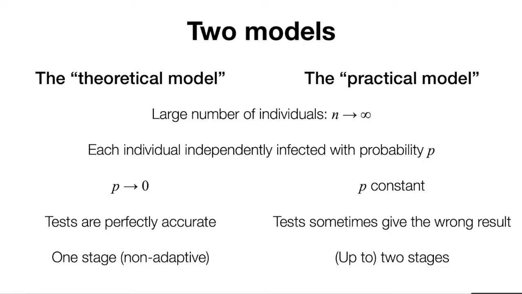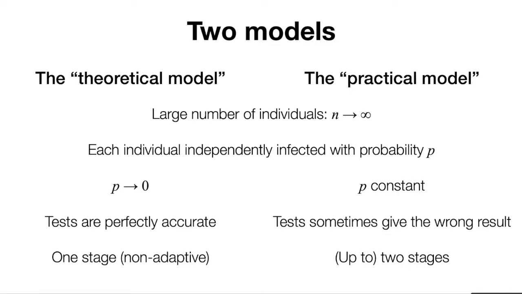In the theoretical model, mathematicians like to assume that the tests are perfectly accurate. But in practice, we probably should allow for the fact that tests sometimes give the wrong result, as in a false positive or a false negative test result.